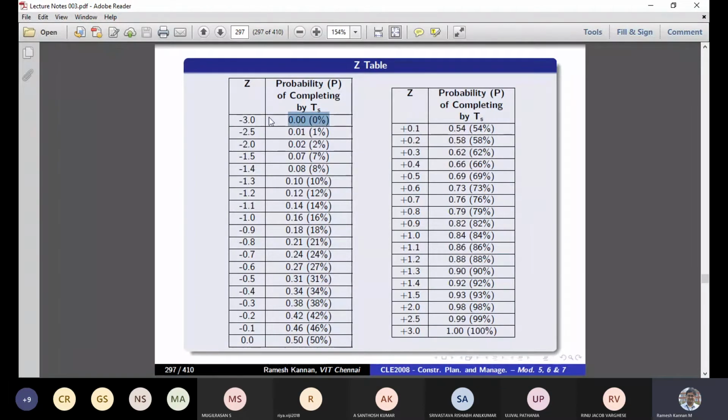So anything beyond minus 3.0 is 0 percent, and anything beyond plus 3.0 is 1, which is 100 percent. So 3.1 or 3.5 is 100 percent. That's a very important thing. And the intermediate values we need to know, so that we can find the probability of completion time.